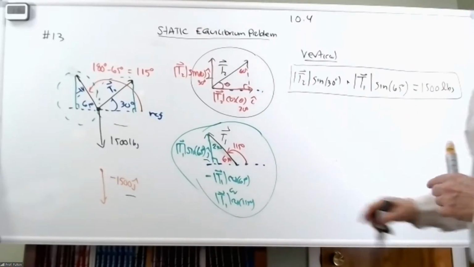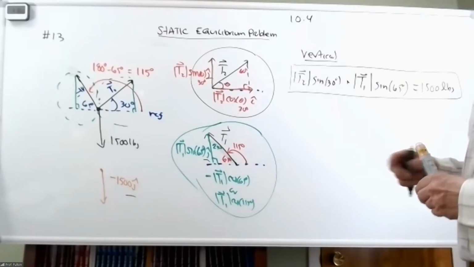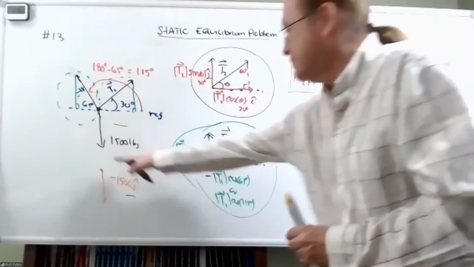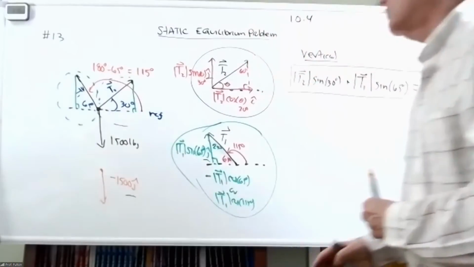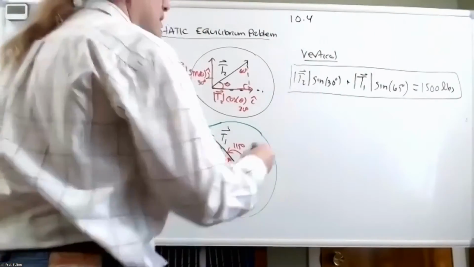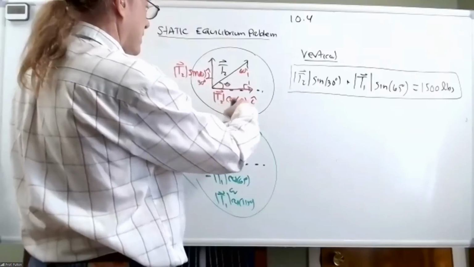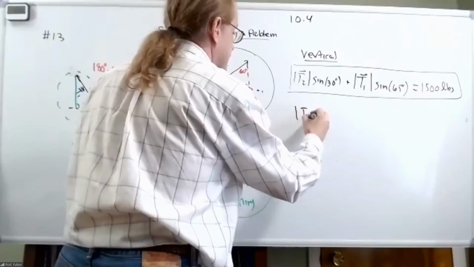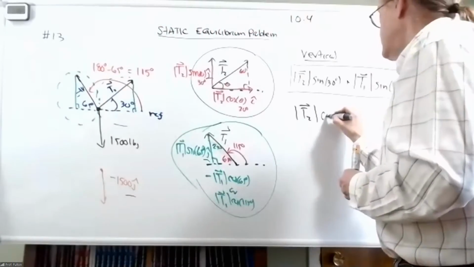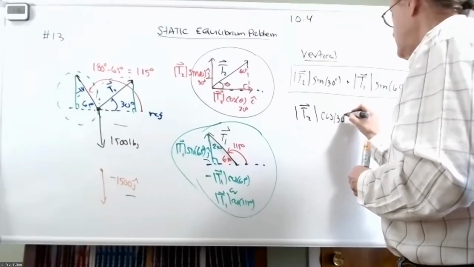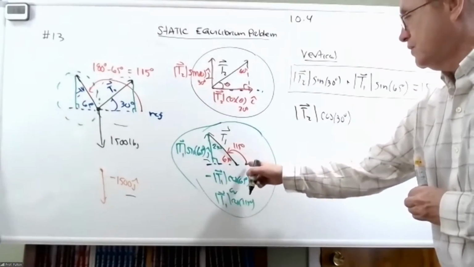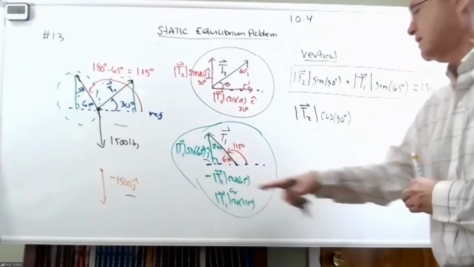Now I have to sum the horizontal forces. The only things I have are this one and this one; this one is not giving any horizontal forces. So I simply have the magnitude of T2 times the cosine of 30 degrees. If I choose plus, then I use 115 degrees; if I choose minus, I can use the 65.